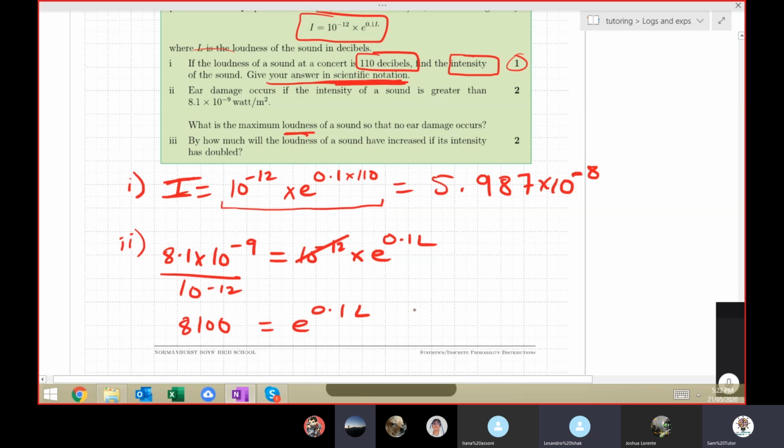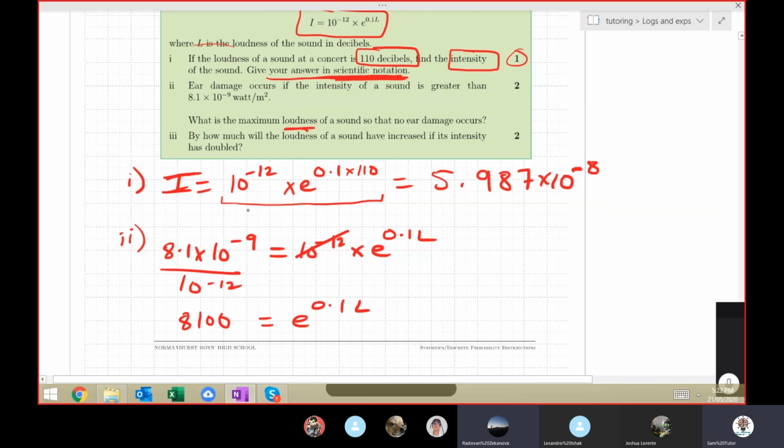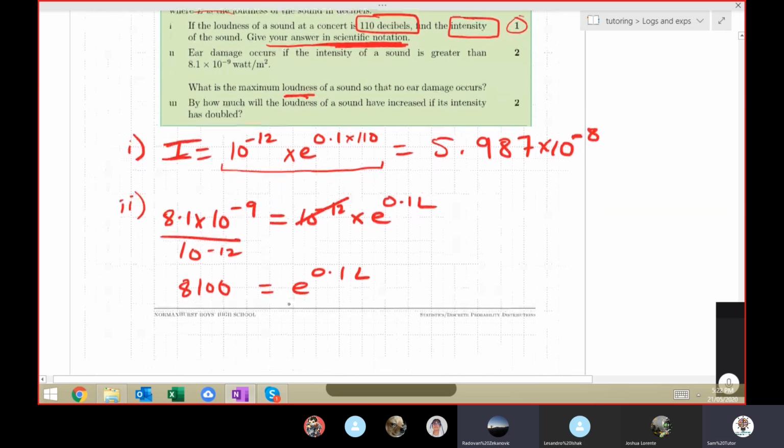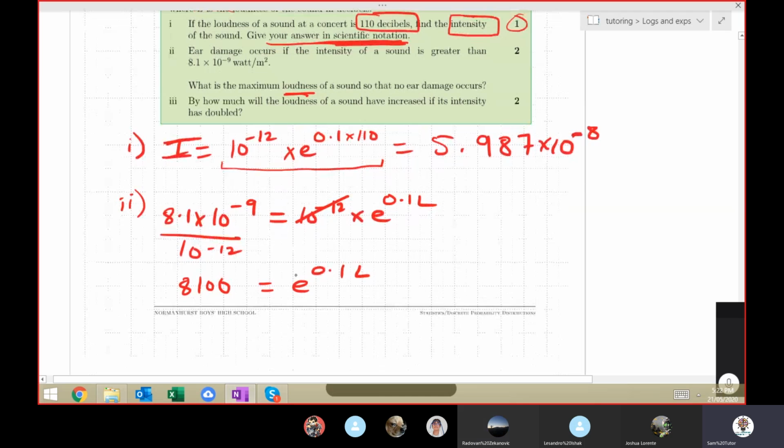Sam, you know the 8,100. For the final answer, how many decimals would you put in? For the one we're doing now, how many decimals would you put for your final answer? Rule of thumb worldwide, if you don't want to get anything wrong, you usually go to 4 decimal places.